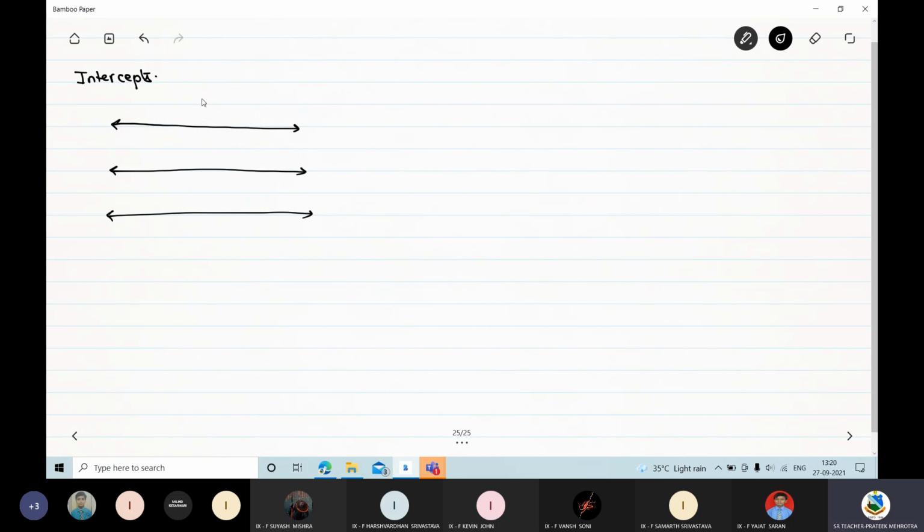When these lines are intersected by a transversal, let's say these are L, M, N, and this is P, it is intersecting at these points A, B and C. So the length of the line segment AB and the length of the line segment BC are called the intercepts.